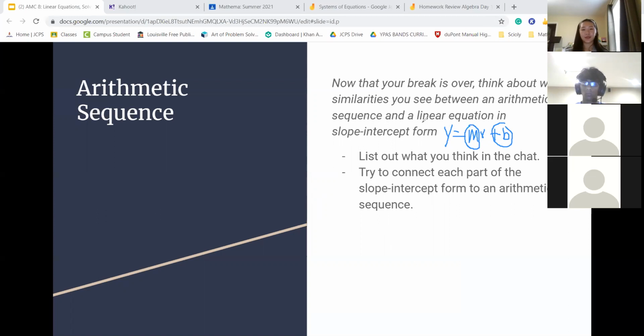If you think about it a little bit, you'll get what we're trying to tell you. They are constant and they can all be represented on a graph as a straight line. That's all true, but we want to go a little bit further. Okay, I see a correct answer in the chat.